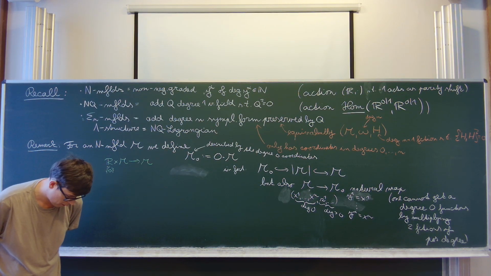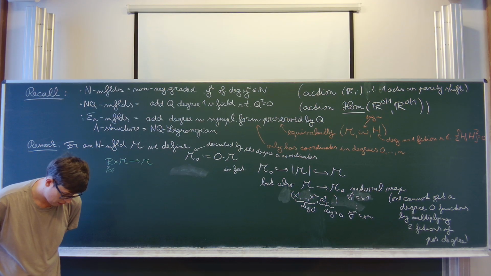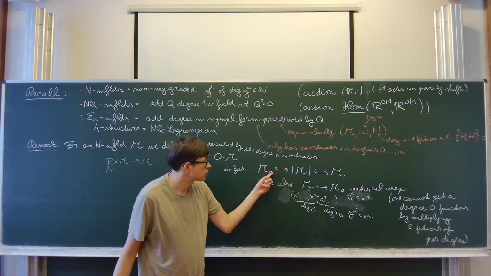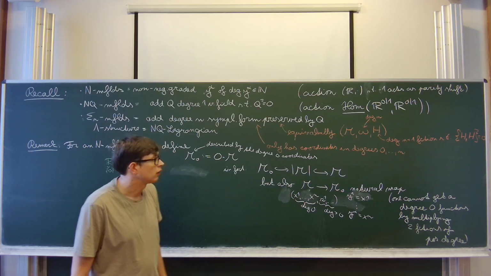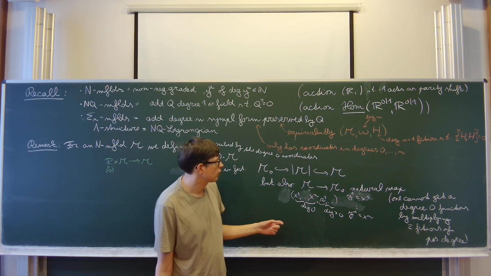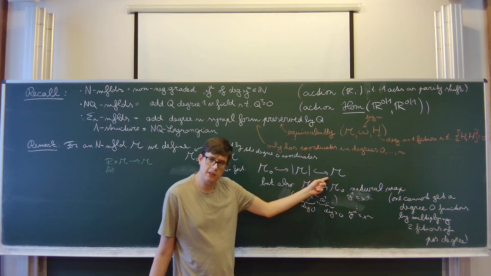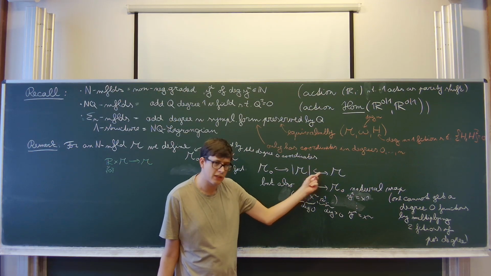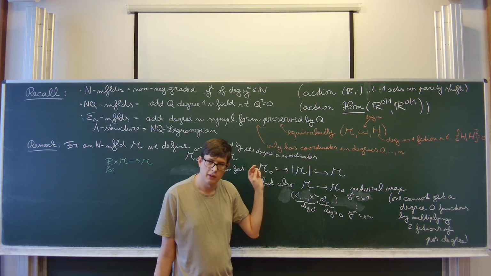But it's not a vector bundle because the map goes in the wrong direction. You mean this one or this one? This one. Do we have a map? Well, this map is canonical. This map says that it's consistent to set what stuff to 0.